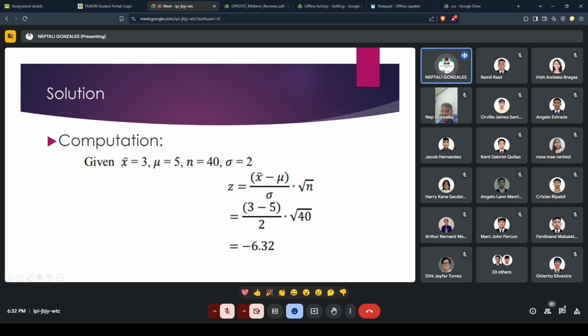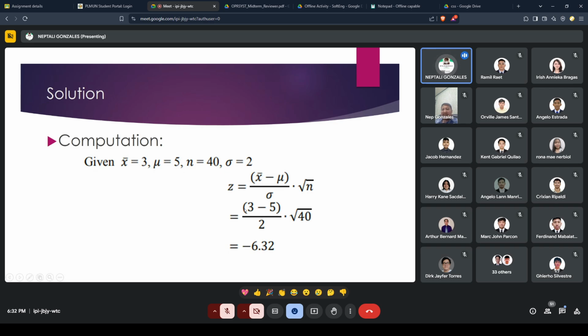Your X bar is 3, substituted, minus the population mean 5, substituted, divided by the standard deviation of 2 years, substituted in the denominator, multiplied by the square root of n. That is the formula, and your n is 40.